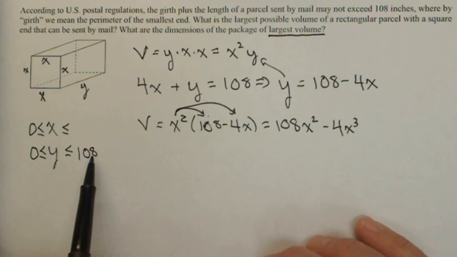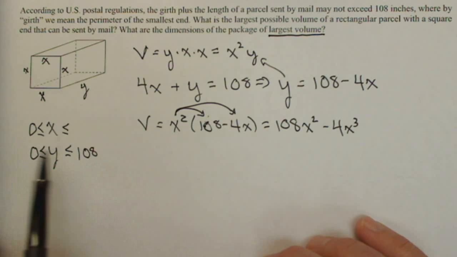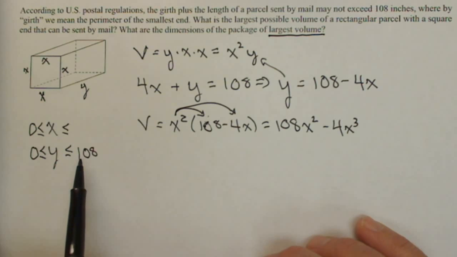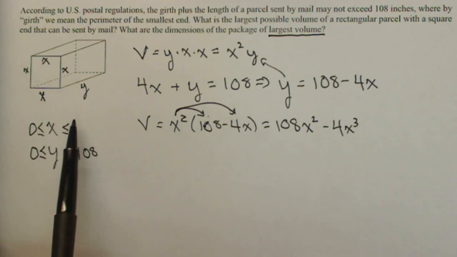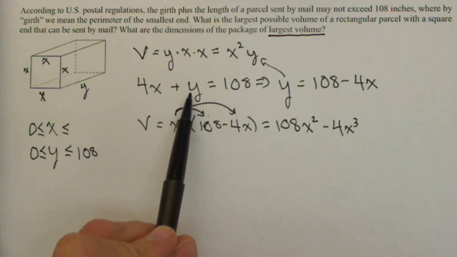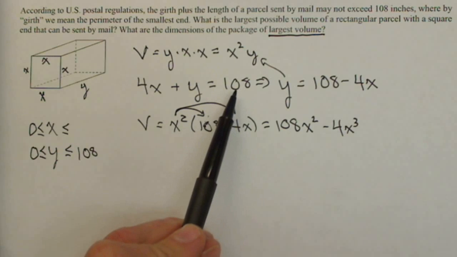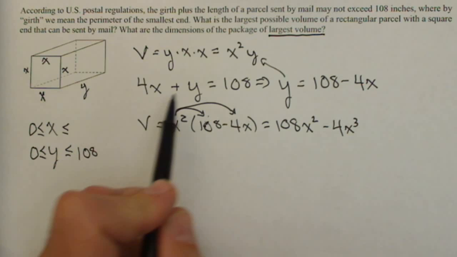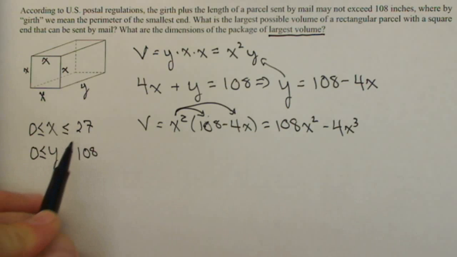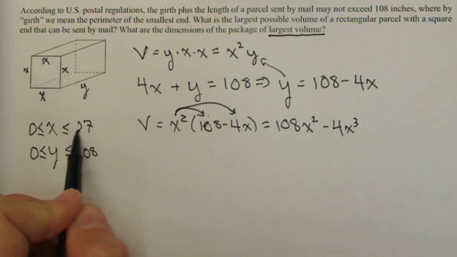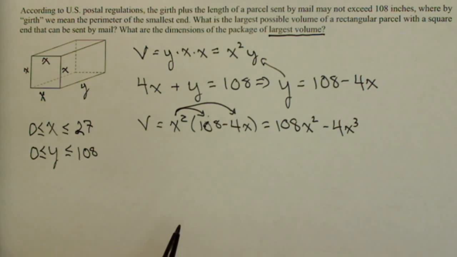Again, it gives us a volume of 0, but we know that y has to be somewhere between 0 and 108. x, very similarly, has a largest size too. That's if y is 0. If y is 0, that means 4x equals 108, which means x has to be 1/4 of 108, or 27. So those are our constraints on our variables x and y.